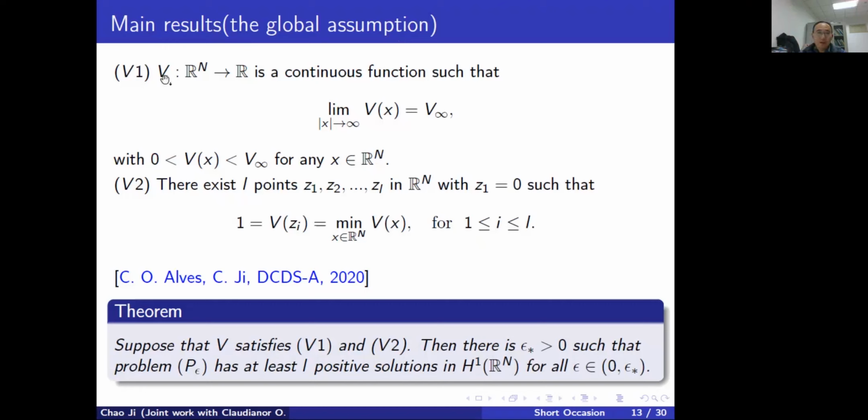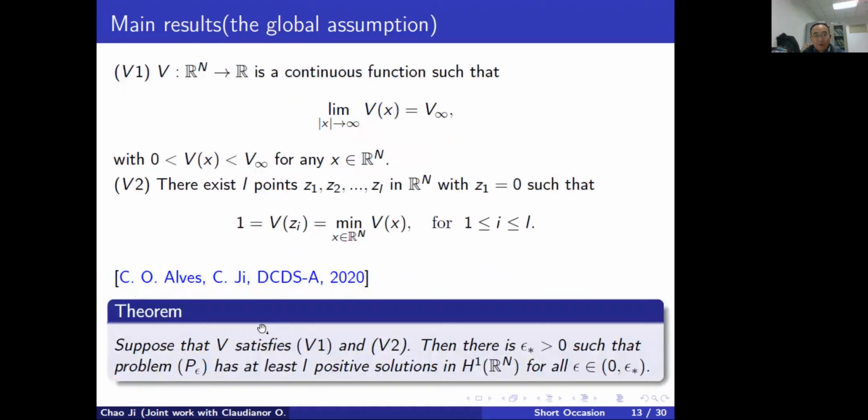More precisely, V is a continuous function such that this limit holds, and there exist L points Z1, Z2 up to ZL in Rn, with Z1 equals 0, such that 1 equals V of Zi equals the minimum of V of x over Rn.